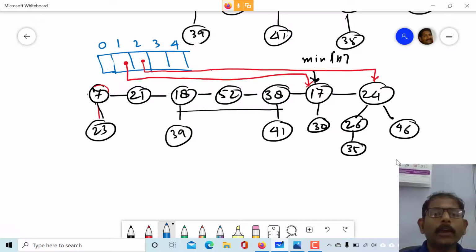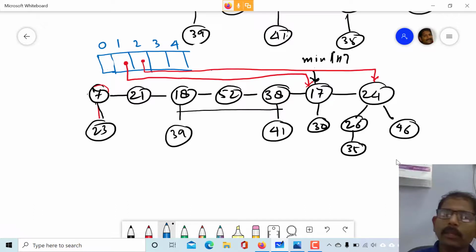Now it will try to occupy this one, but 1 is already occupied by 17 and 30. So once more there will be contention between 7 and 17.